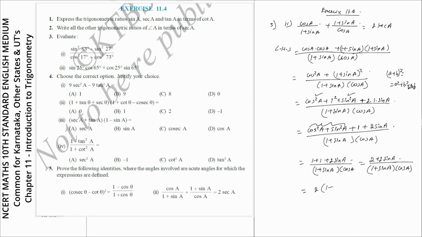If I take 2, I'll get 1 plus sin a by 1 plus sin a into cos a. So 1 plus sin a will get cancelled. I'll be left with 2 by cos a. 1 by cos a is secant a, so this I can write as 2 into secant a. So this is equal to right hand side.